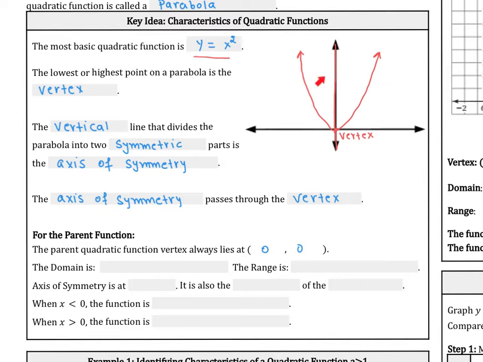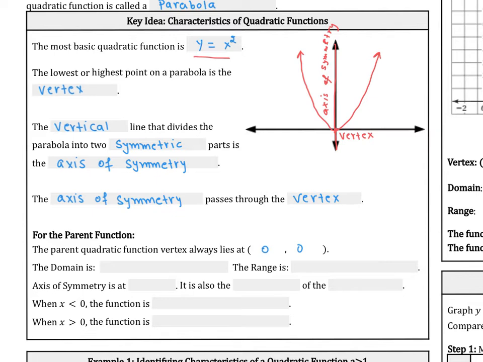Two symmetric parts, and this line is also called the axis of symmetry. In this case, our vertex is going to be 0, 0, because the parent quadratic function vertex always lies at 0, 0.